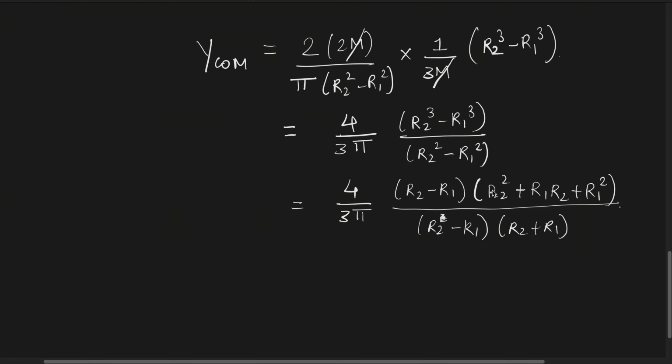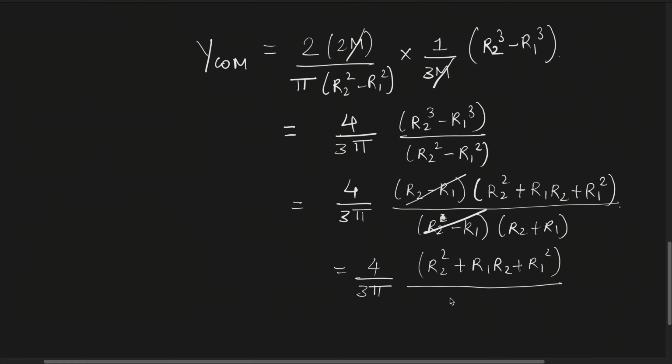These two things get cancelled out and you get 4 upon 3 pi, r2 square plus r1 r2 plus r1 square divided by r1 plus r2. So this is what you get as the center of mass y coordinate. This is the answer.